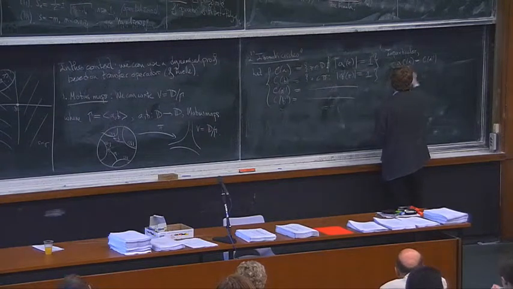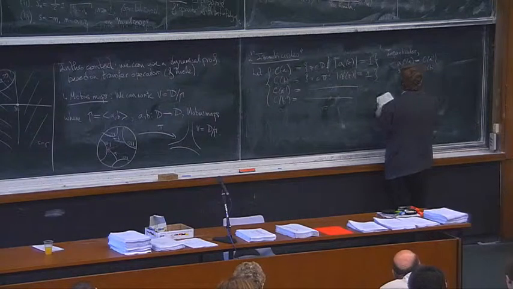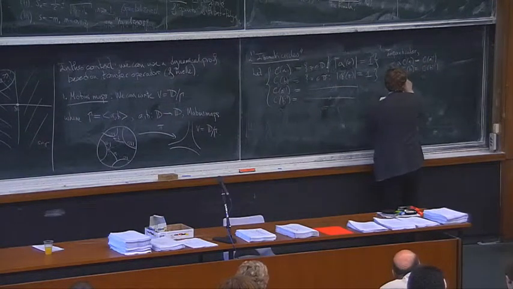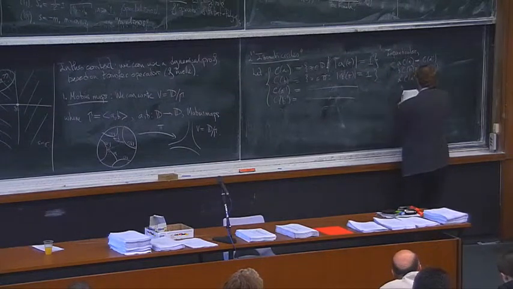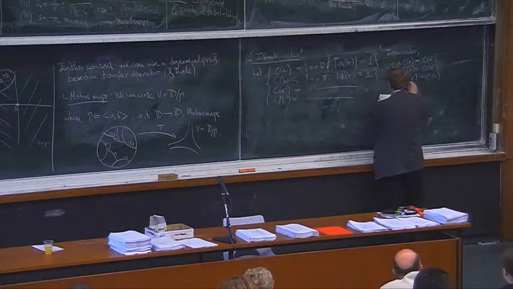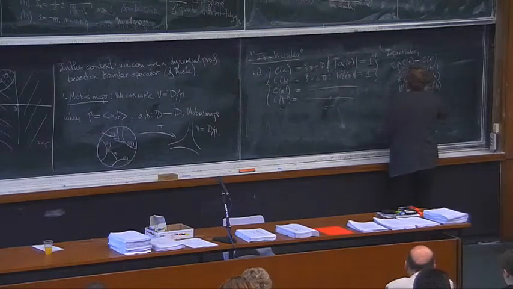Similarly, B applied to C of B will be equal to C of B inverse. And unless I make some radically wrong mistake, maybe A of C of A is equal to C of A inverse, and B of C of B is equal to C of B inverse.